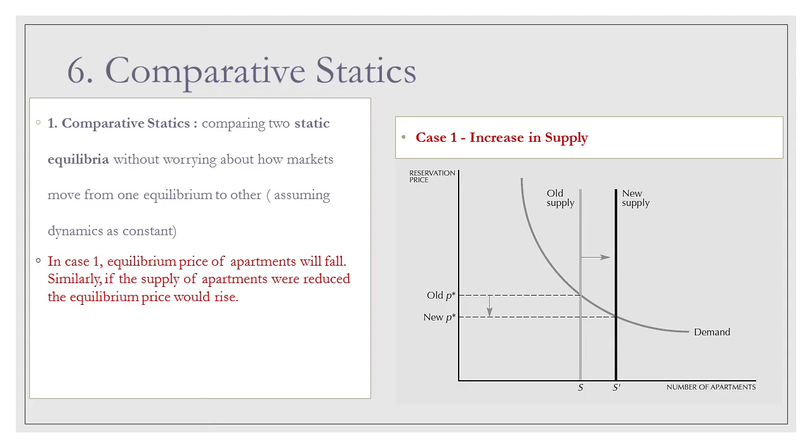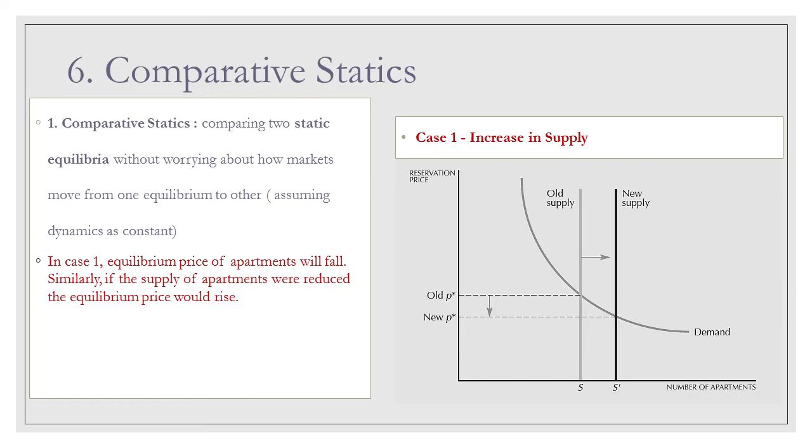Similarly, in the figure, if you observe, we are at equilibrium at S number of apartments, and corresponding to that the price is the old p star. If we think of the supply curve shifting rightward, we are expecting that the supply is going to increase. What it will result in is quite obvious, right?